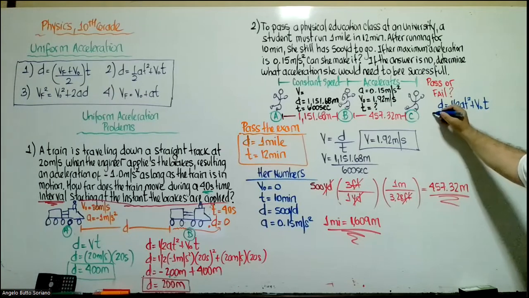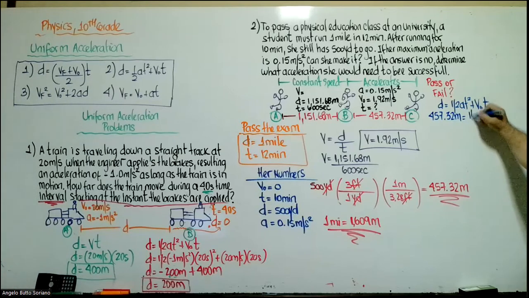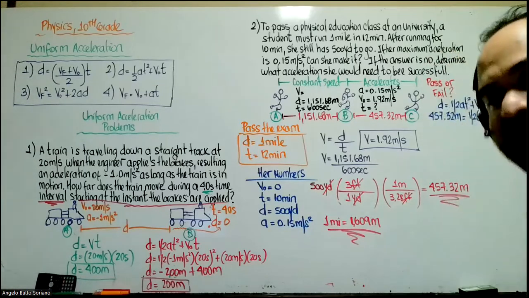Remember, the covered distance, 457.32 meters, equals 1/2 times the acceleration, 0.15 meters per second squared, times t squared, plus the initial velocity, 1.92 meters per second, multiplied by the period of time.